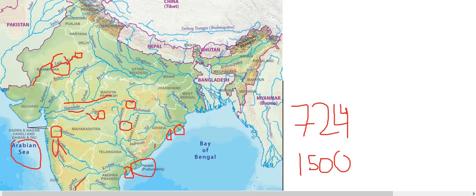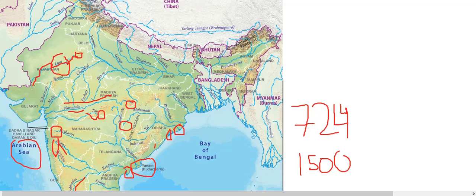Okay. So I hope this concept is clear to you, the peninsular rivers, their characteristics, and the different rivers which we have discussed. Make sure you go through this map and try to buy a map and draw almost all the big rivers.